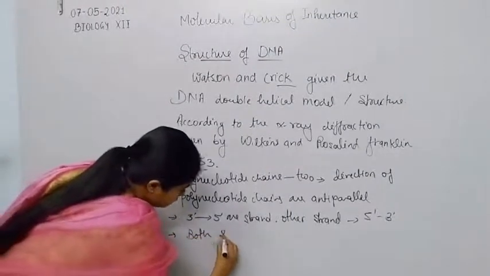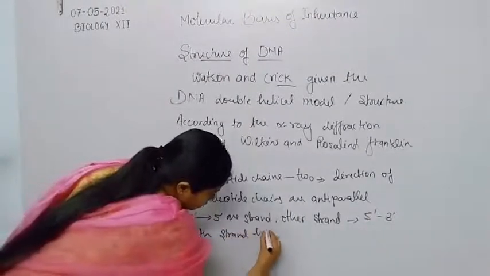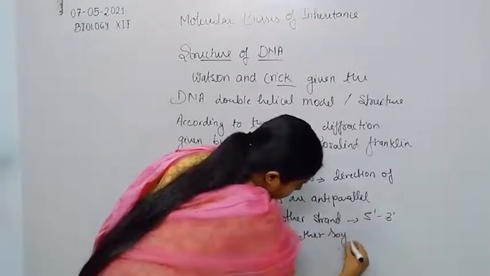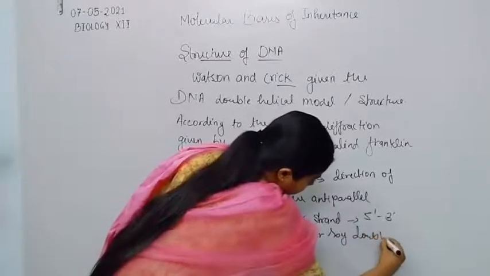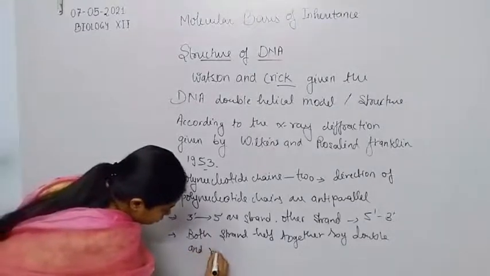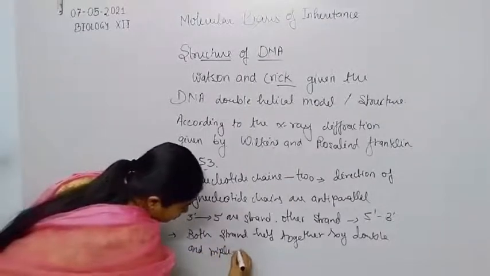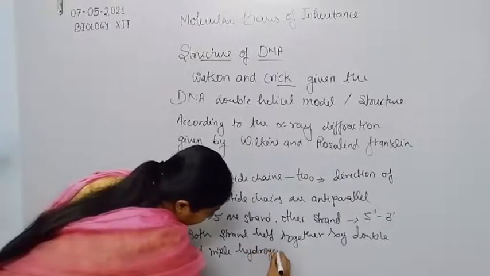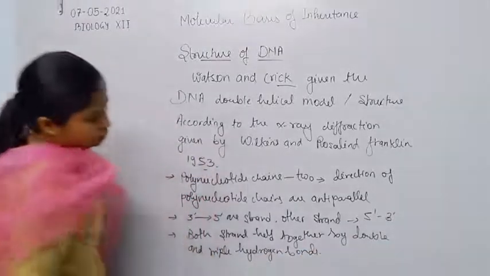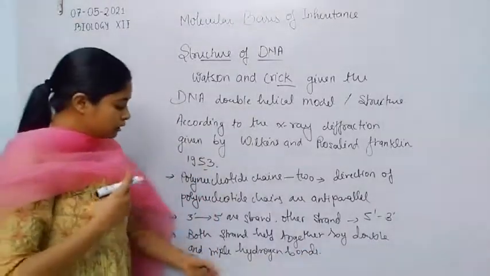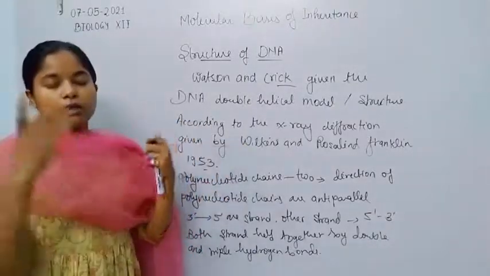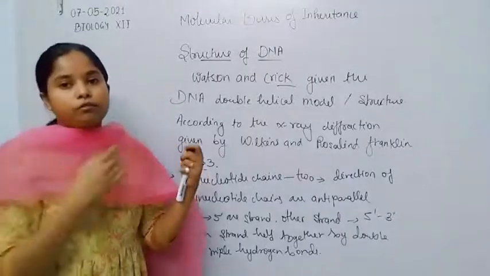Both strands are held together by double and triple hydrogen bonds, and these double or triple hydrogen bonds only form between adenine and thymine, and guanine and cytosine, according to the Chargaff rules.